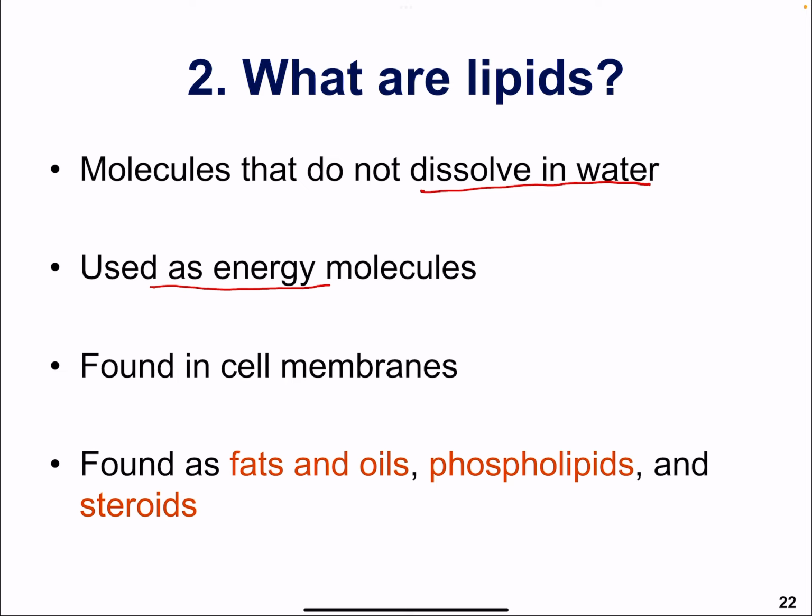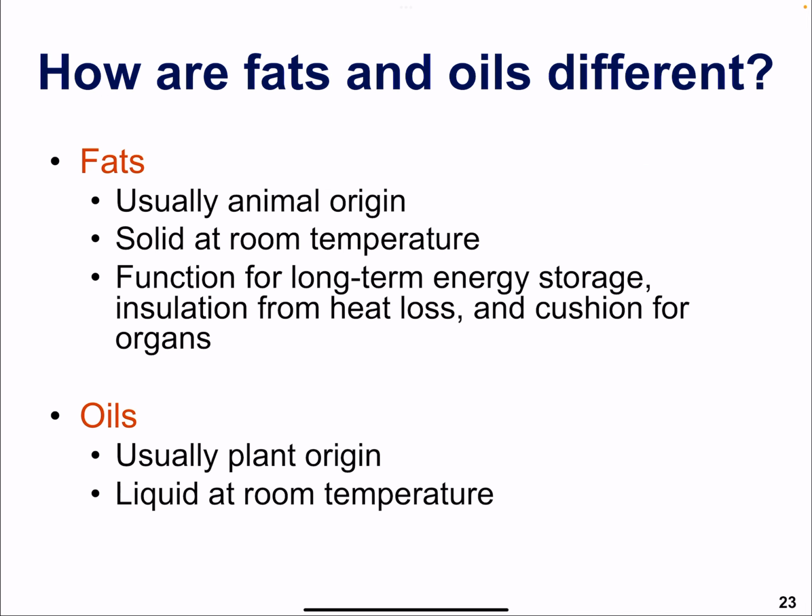Very importantly, they are found making up cell membranes. In the body, they are going to be found as fats and oils, but also as phospholipids and steroids. We are going to address that.